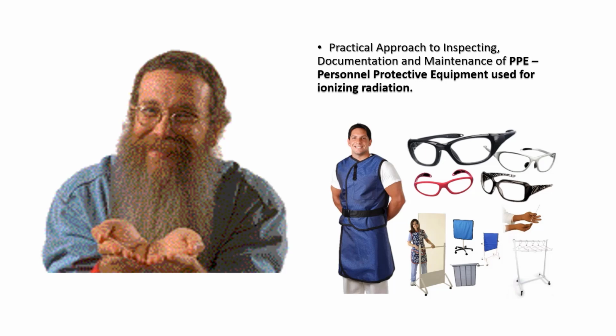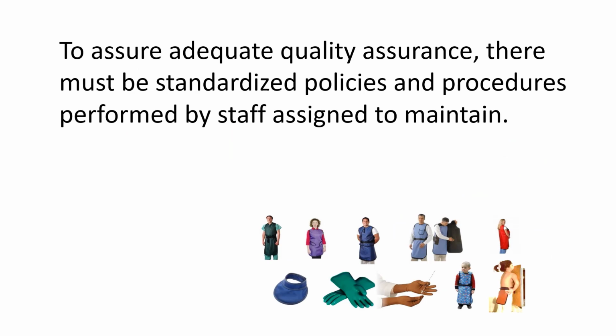Therefore, the shielding must be inspected in the radiation safety program. This documentation is part of the quality assurance program, and there must be standardized policies and procedures performed by the staff assigned to maintaining the documentation for the program.